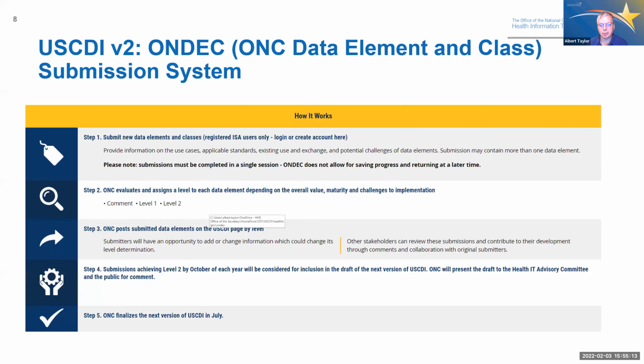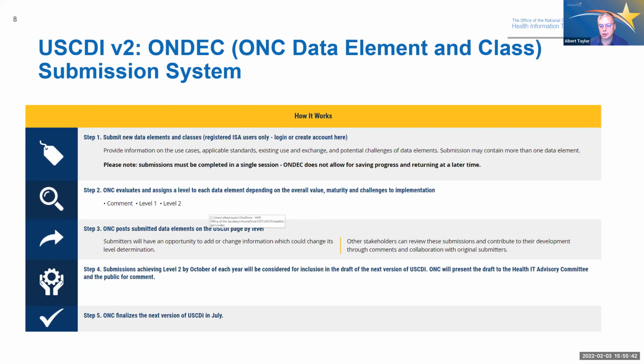evaluates those for a number of different criteria, including overall value, data maturity, maturity within the particular standards, along with any challenges that might be in place for implementation, be it licensing fees or difficulties in developing standards to support a new data element, or any number of different reasons why it may be difficult. And so we evaluate those and assign them a certain level, and level 2 is the good one.